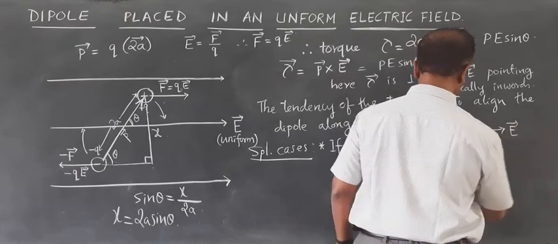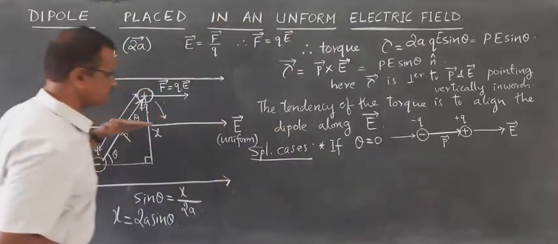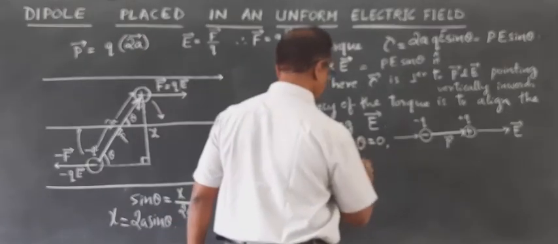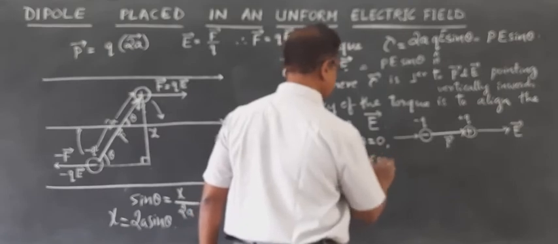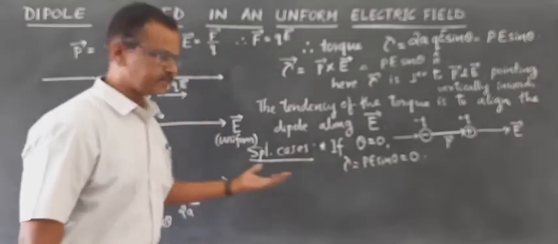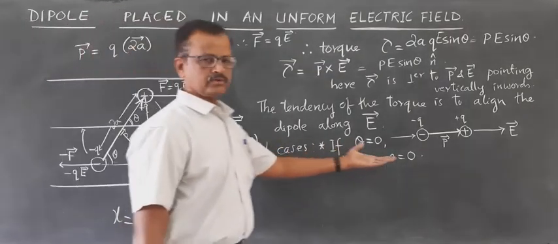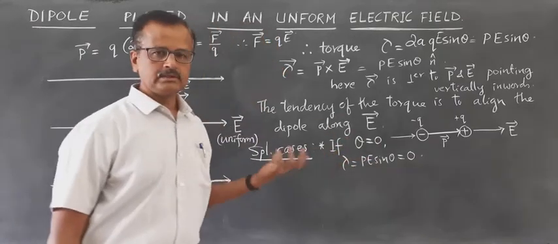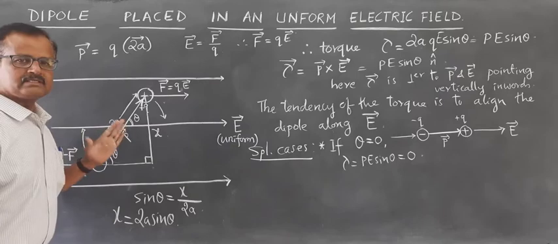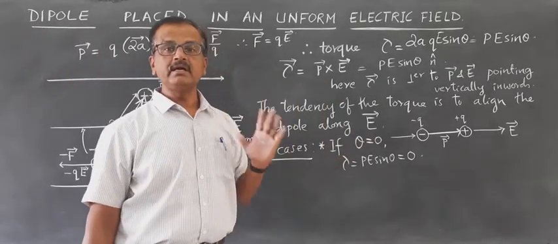If both P and E are in the same direction, then angle theta is 0, then torque tau equals PE sin 0, so torque becomes 0. So torque experienced by the dipole in this case is 0. Then the dipole doesn't experience any torque, so it is said to be in stable equilibrium.